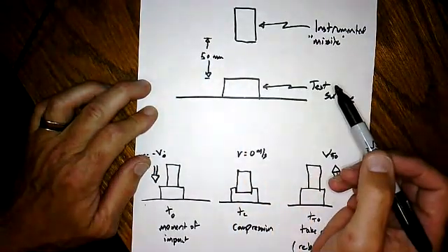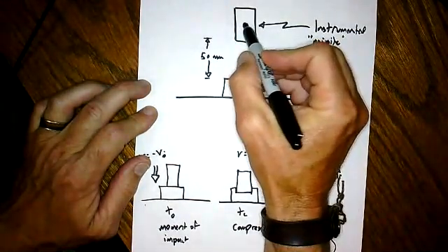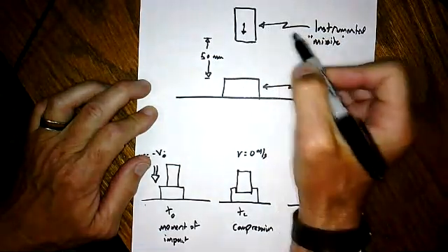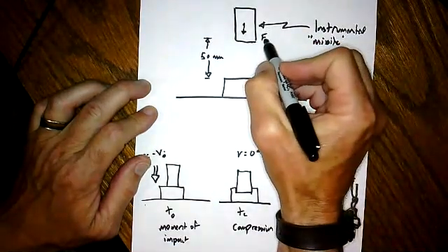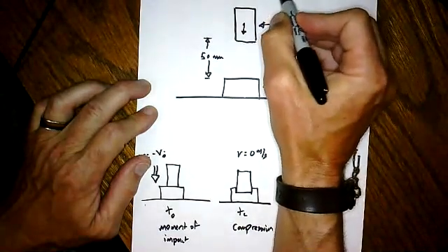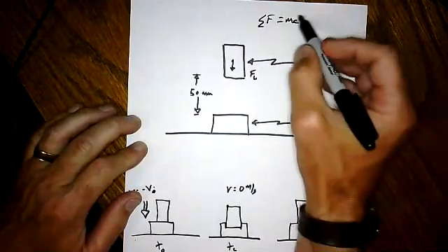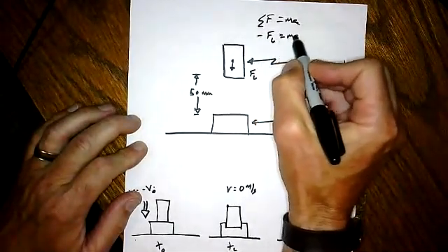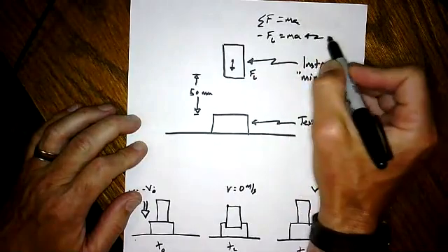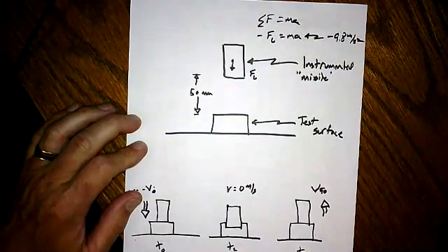So the first question was to calculate the impact velocity. What forces are acting on this missile? Well, when it's falling freely, it's the force due to gravity, F sub g. And we know if we add up the forces acting on the object, we get ma. In this case, we've got a negative force, and we know that that will lead to an acceleration of negative 9.8 meters per second squared.